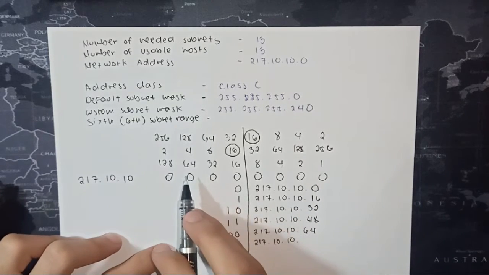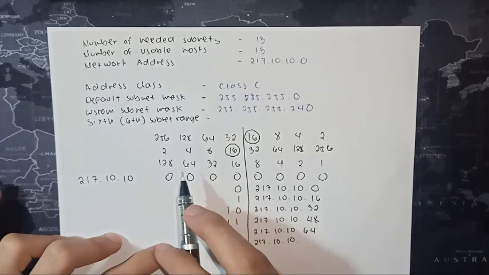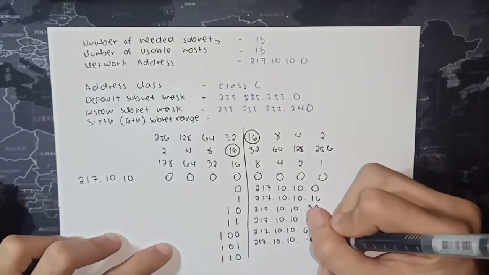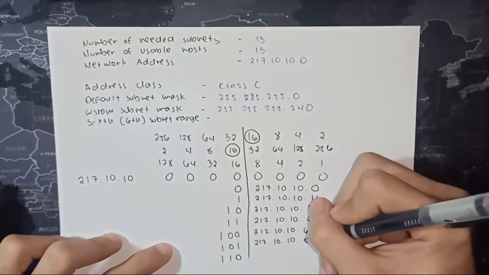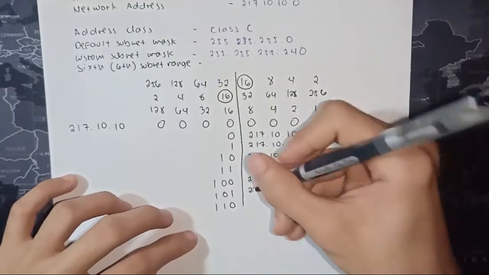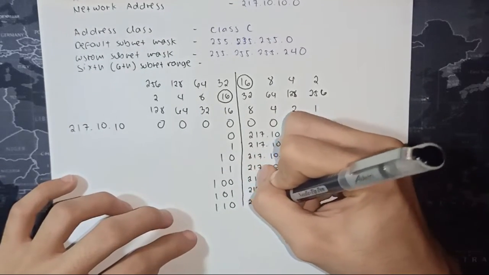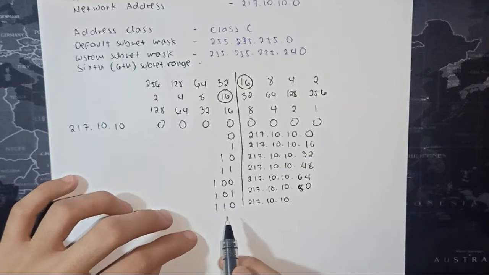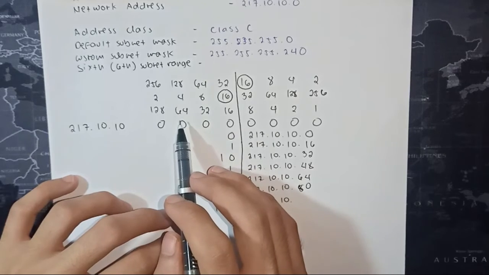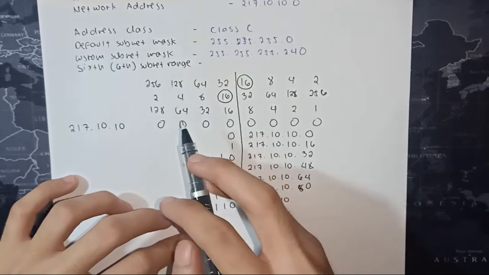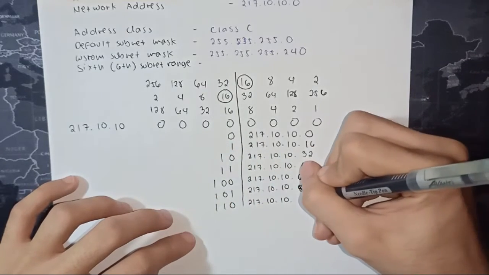Then next, since there is also 2 ones, we're just gonna simply add 64 and 32, and it would be 96.